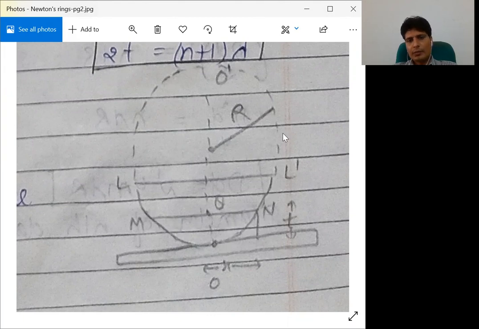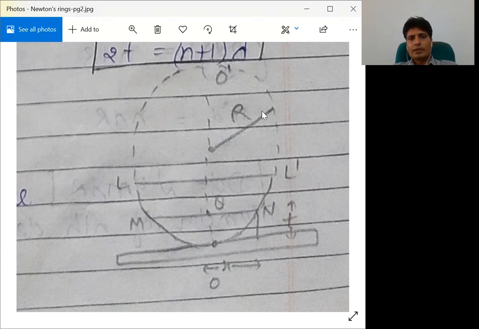We extrapolate it over here, and we consider that the radius of this hollow sphere or solid sphere is equal to capital R. We have taken 3 points, M, N and Q, and the thickness at this particular point N becomes equal to t, and this point N is at a distance small x from the center of the plano convex lens, or you can say the point of contact of the plano convex lens and the glass plate.